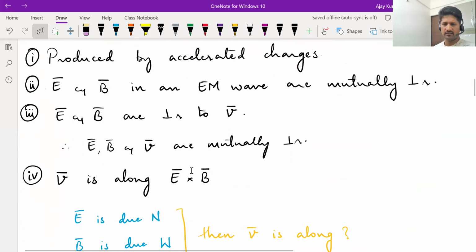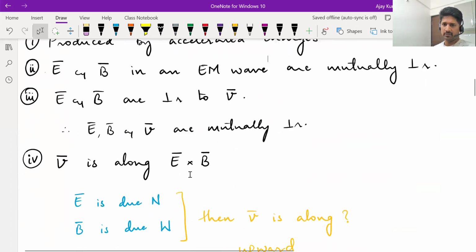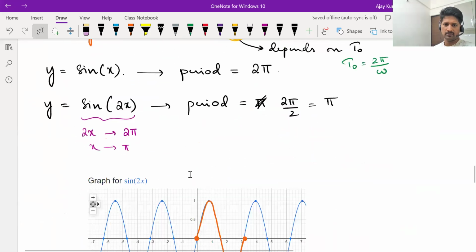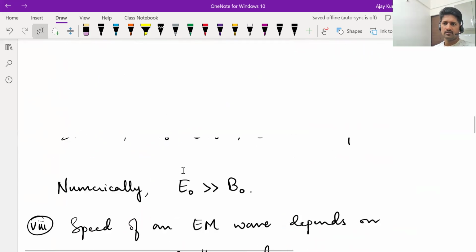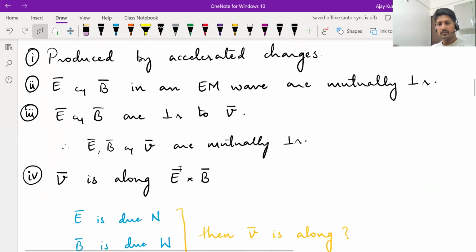Then electric and magnetic fields are mutually perpendicular. Keep that picture of the electromagnetic wave in your mind while answering problems or questions based on this. Electric and magnetic fields are perpendicular to each other, and they are both perpendicular to the velocity, or the direction of propagation.